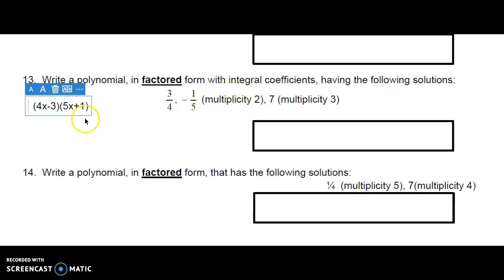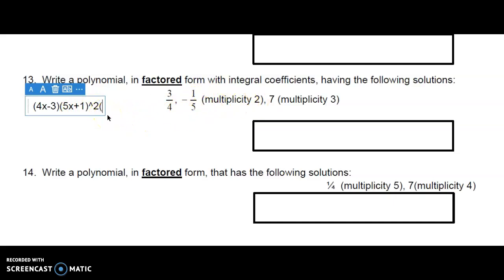That means the exponent is 2. Now, I can't type exponents on this, so what I'm going to do is type a caret, but you know that means the exponent is 2. So far I have 4x minus 3, that came from the solution 3/4. Then I have 5x plus 1 squared, because it is a multiplicity of 2.